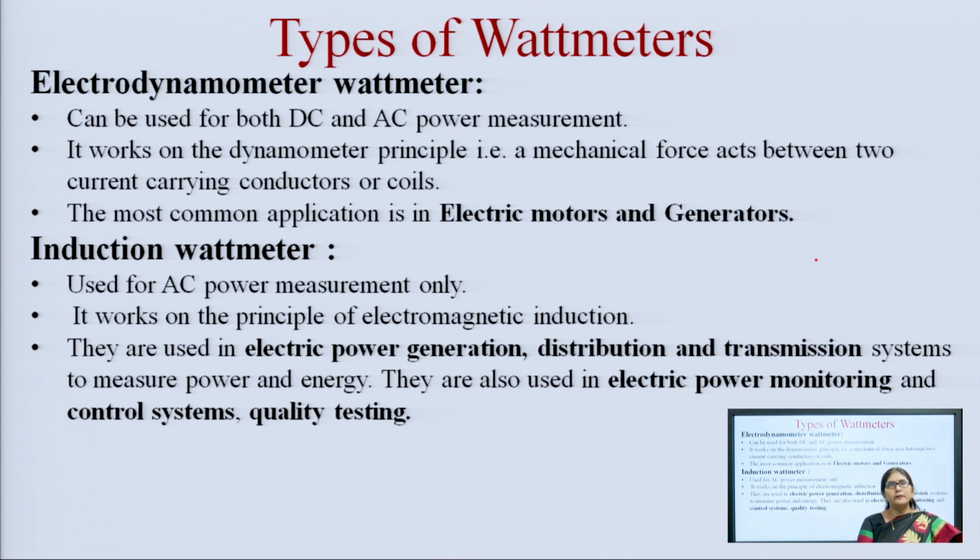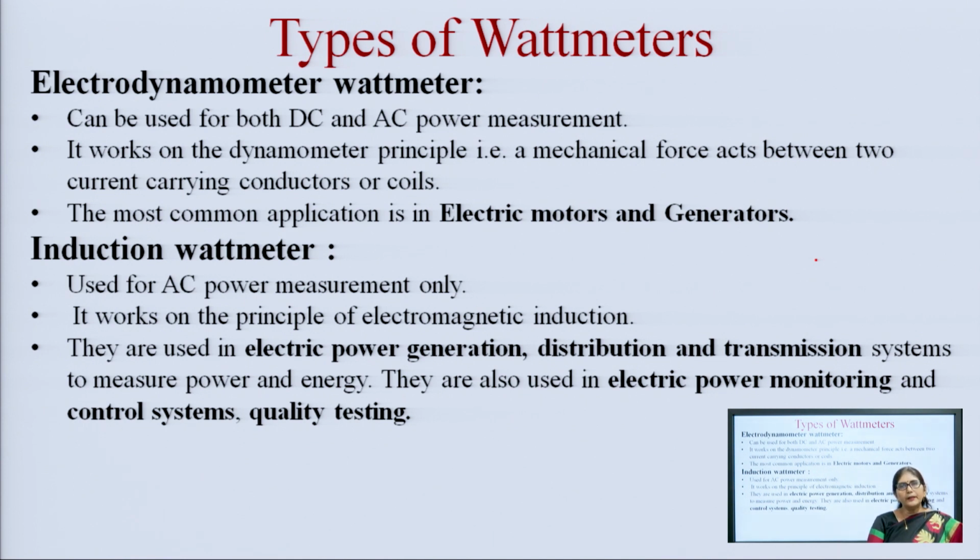The electrodynamometer wattmeter can be used for AC and DC power measurement, but the induction type wattmeter is not used for DC measurement. The electrodynamometer type wattmeter works on the dynamometer principle. That means if two current coils are placed nearby, then a mechanical force acts between these two current coils.